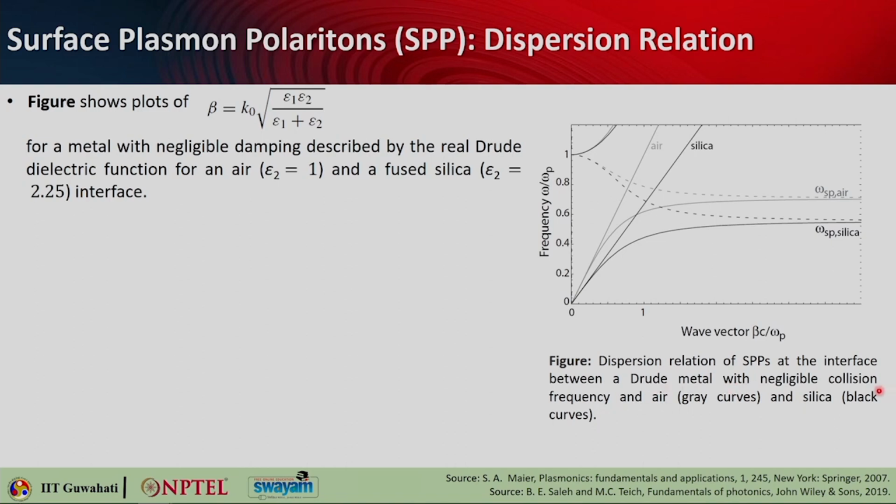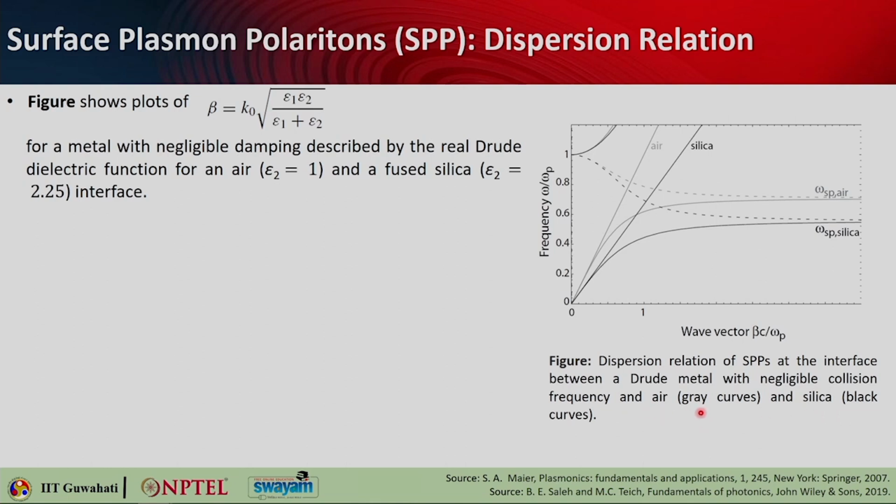If you take gamma, that is the collision frequency, to be 0, your Drude metal permittivity epsilon 1 as a function of omega will be nothing but 1 minus omega p square by omega square, as simple as that. So if you take that and consider the two cases, in one case it is this Drude metal and air interface, in the other case it is this Drude metal and silica interface.